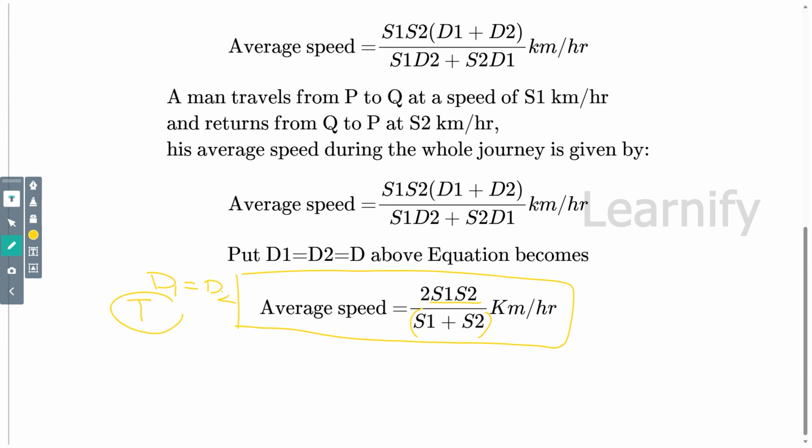Everything revolves around distance and speed. If distances and speeds are given, the average speed is this. If D1 is equal to D2, the average speed is this one. So please remember these two important formulas for solving average speed problems.